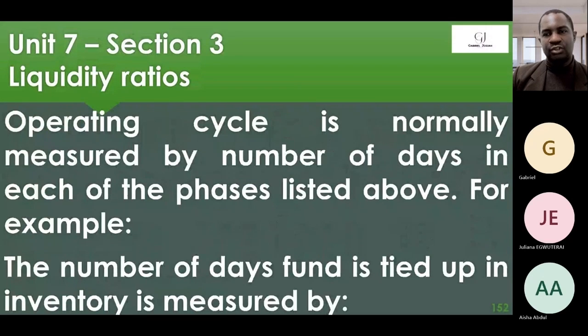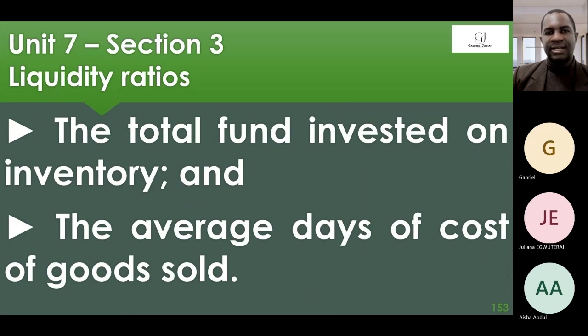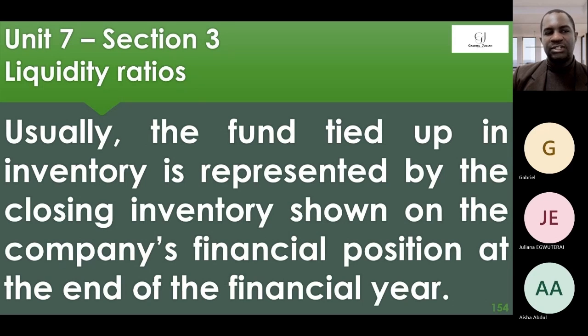The operating cycle is normally measured by the number of days in each of the phases listed above. For example, the number of days funds are tied up in inventory is measured by the total fund invested in inventory and the average days of cost of goods sold. Usually, the fund tied up in inventory is represented by the closing inventory shown. Exactly.